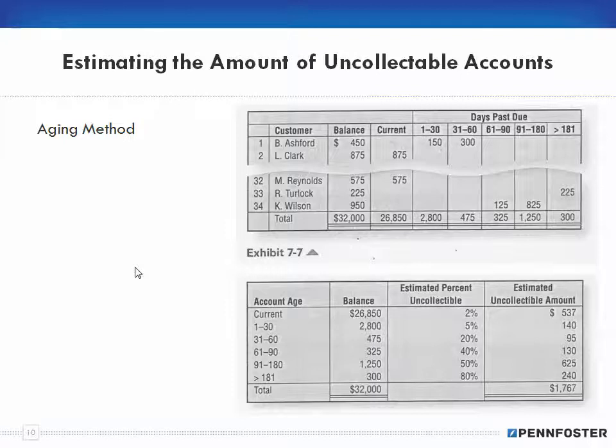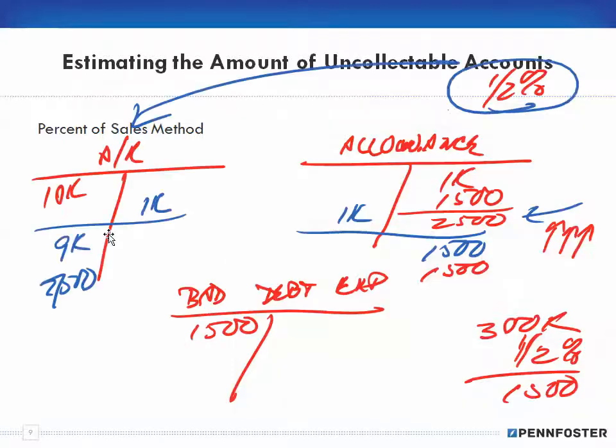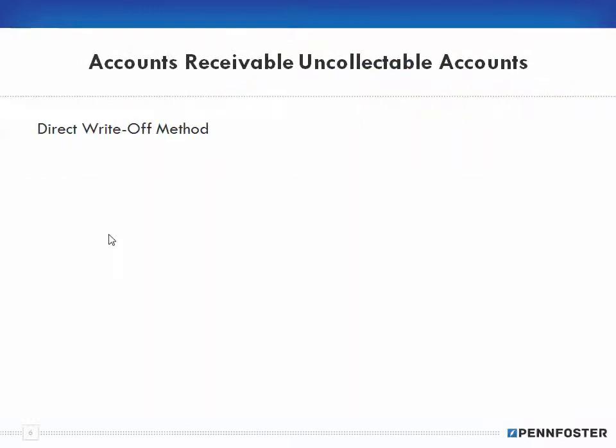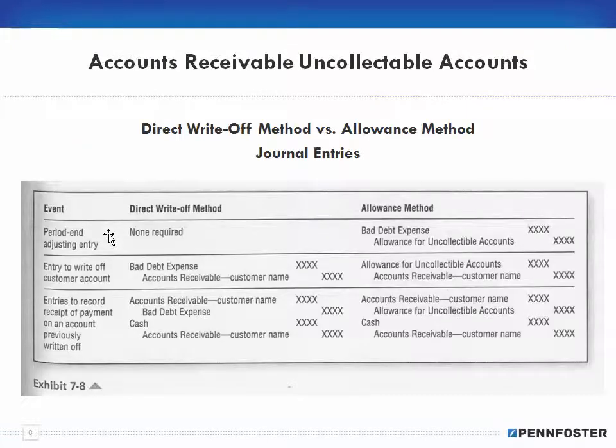In the previous videos, I talked about the direct write-off method, and then I talked about the allowance method. We also covered a video on the journal entries that are made for both the direct write-off method versus the allowance method, what they look like.